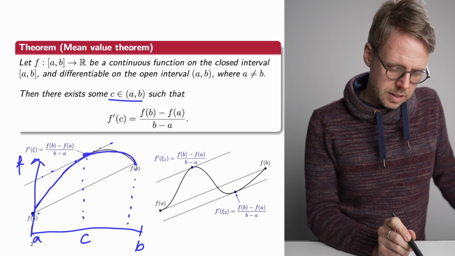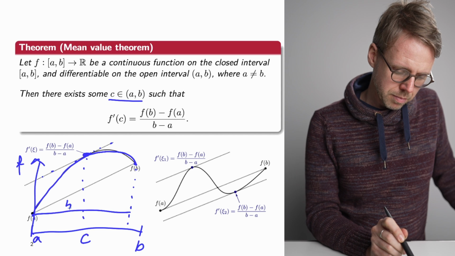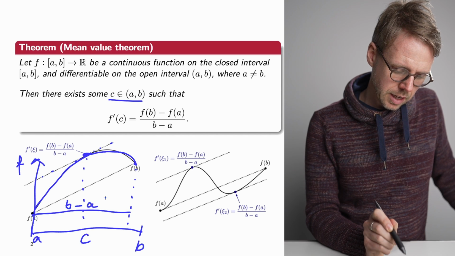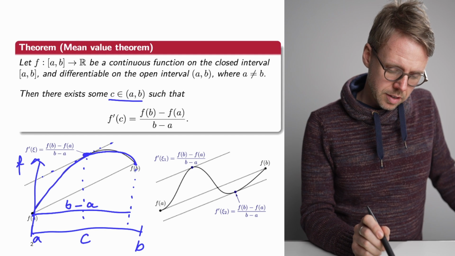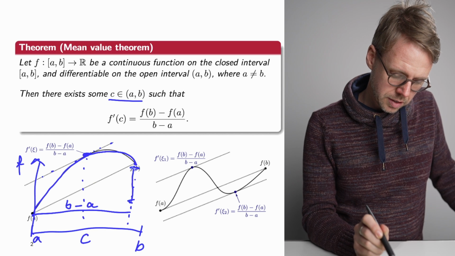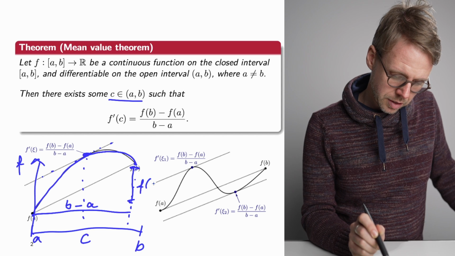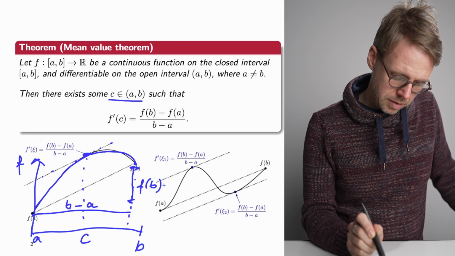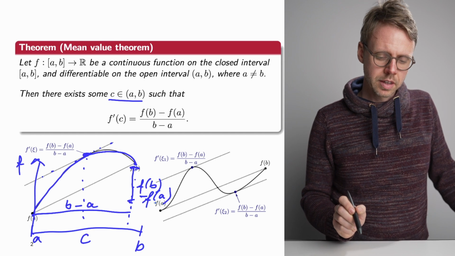So that means if we look at the difference between a and b, so this is b minus a here, and here we have the difference between the function values. So this is f of b minus f of a.